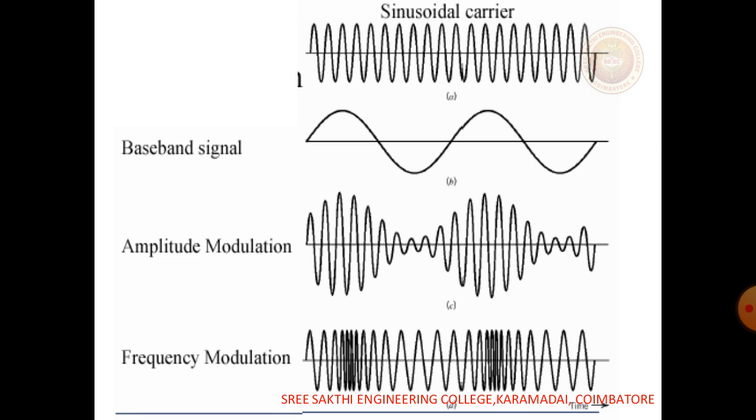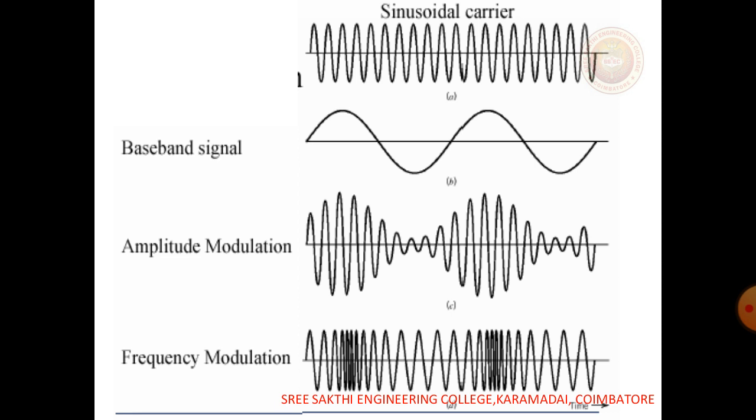So what is modulation? We change the characteristics of the carrier with respect to the characteristics of the baseband signal, the message signal. You give two different signals as input to the modulator: one is the message signal and the other is the carrier signal. In amplitude modulation, we change the amplitude of the carrier with respect to the message signal, that is the baseband signal.